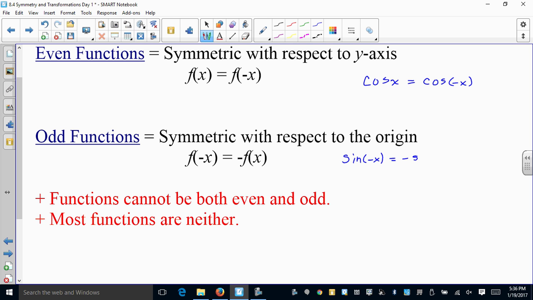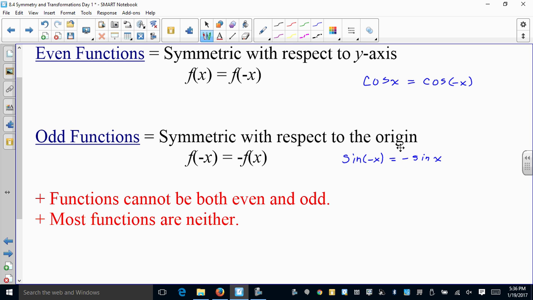I can use that 45-degree angle again. Sine of negative x, that meant I went down 45 degrees. I would get negative radical 2 over 2. Or I can just do the 45 degrees, sine at 45, radical 2 over 2, and throw a negative sign on front. Either or. Cosine is even, sine is odd.